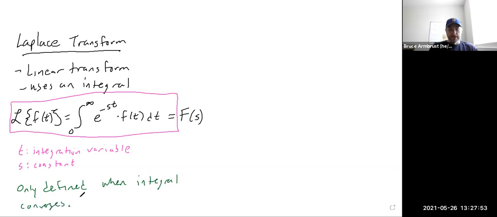Some consequences of that: one is not all s will work. Given a function, you find a Laplace transform, and there's often a restriction on s. We'll say, okay, for this function its Laplace transform is such and such, but s must be greater than 0, or s must be bigger than a, or whatever. So get used to that. We're going to see restrictions on s.